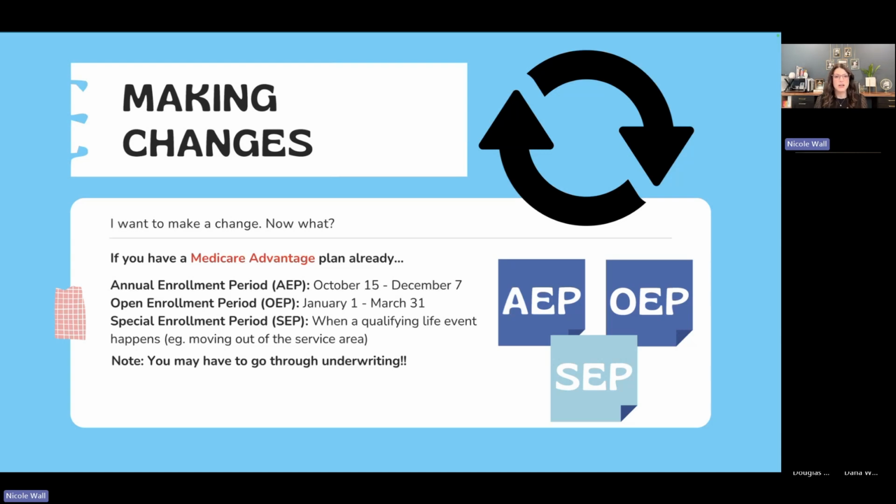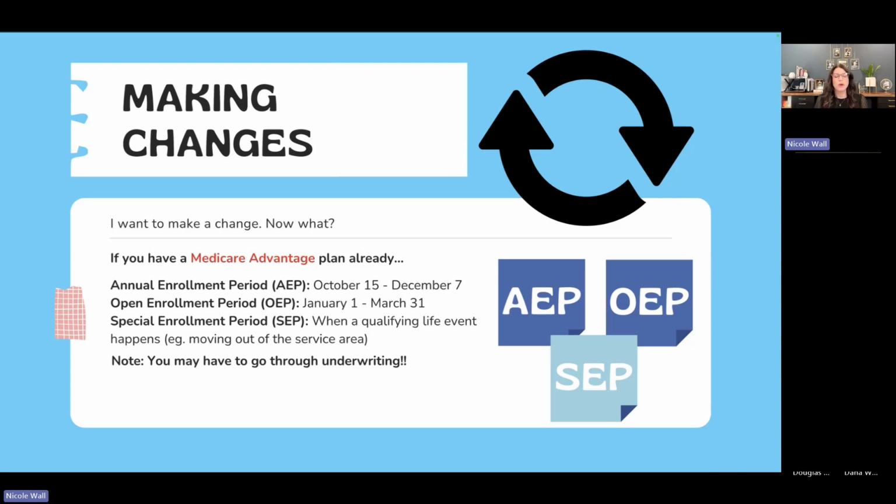Depending on when you enroll, if you do this sometime in February, the plan would begin March 1st. It's going to be the first of the month after whatever month you enroll. And then lastly, the special enrollment period.